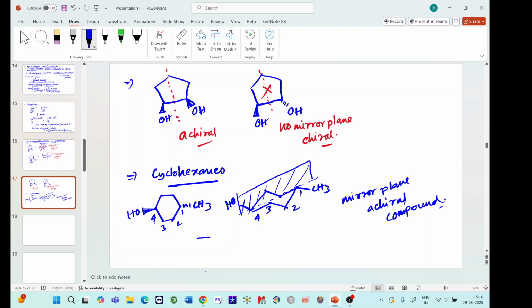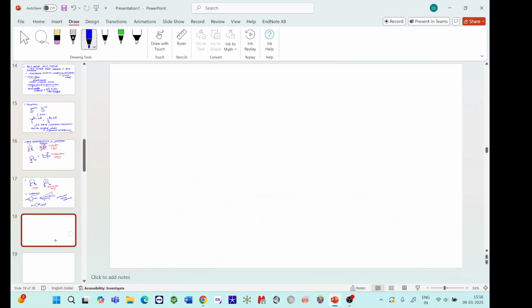If you draw the other one, if I just change it, CH3 OH, I think this one also will be achiral. The same thing, you can even draw a mirror plane in this way. If you change the position from 1,4 to 1,3, suppose you have CH3 here, here you have OH, what will it look like?